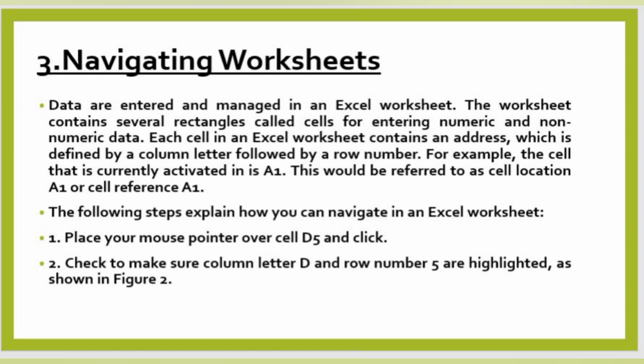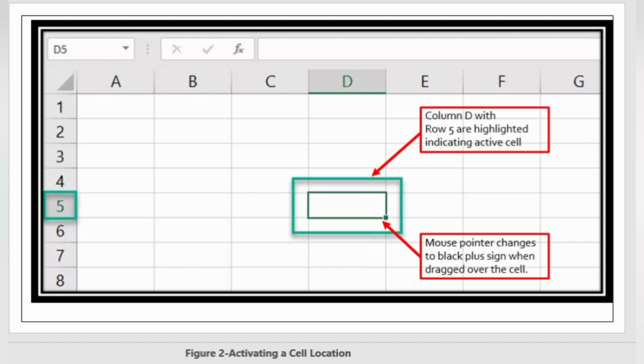You can place your mouse pointer over D5, then click, and check to make sure of the column letter D and row number 5. I'm sharing the screen so you can see the columns are A, B, C, D, E, F and so on, and the rows are 1, 2, 3, 4, 5, 6 and so on.